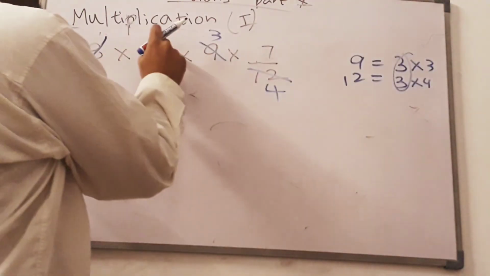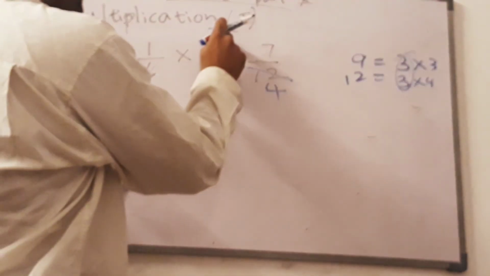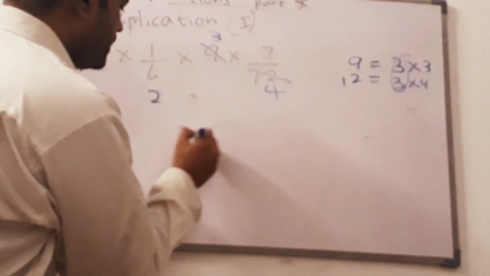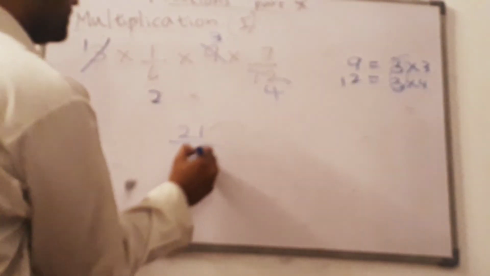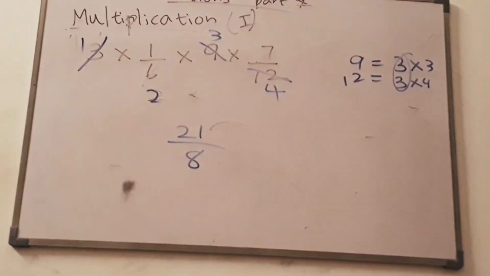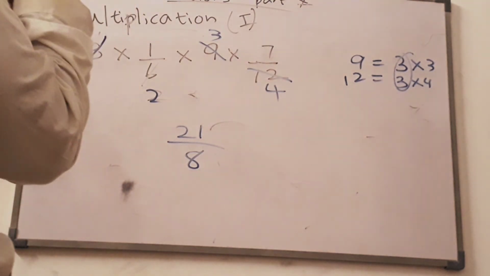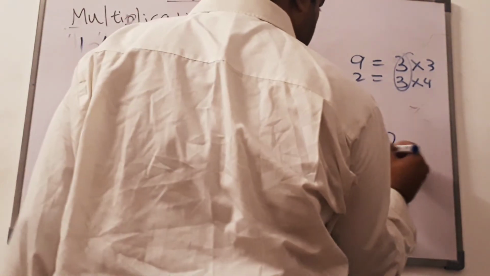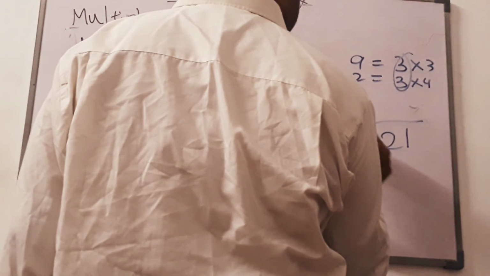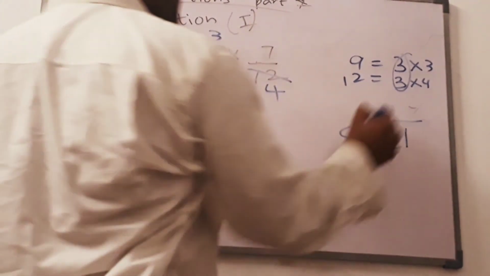Now 1 times 1, 1 times 3, 3, 3 times 7, 21. Then here 2 times 4 is 8. So our answer is 21 over 8. Is that the final answer? Again an improper fraction. Now we have to convert the improper fraction into a mixed number.